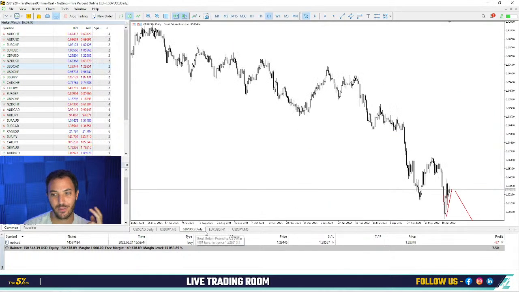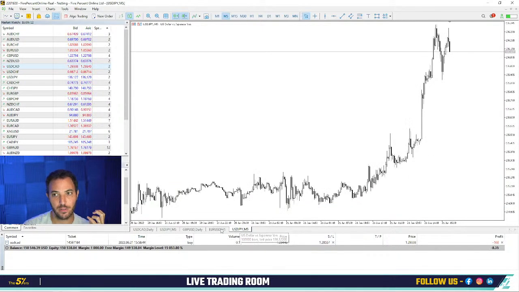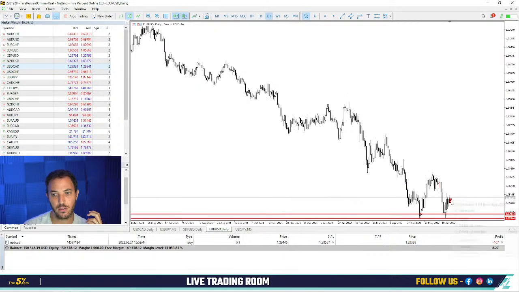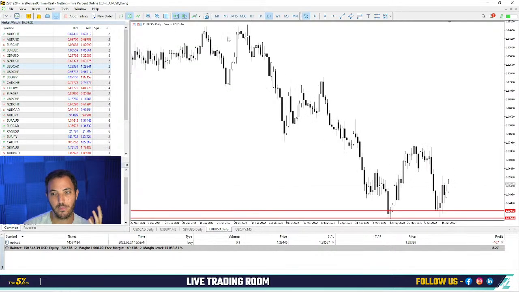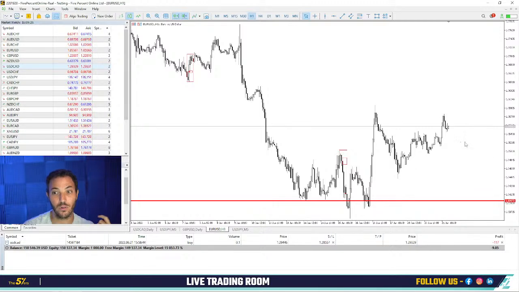Other than that, I don't have a lot of setups on other pairs. Euro USD long term, I want to be long, but there's not a lot of price action suggesting to go long right now. We had a break. We're kind of testing.